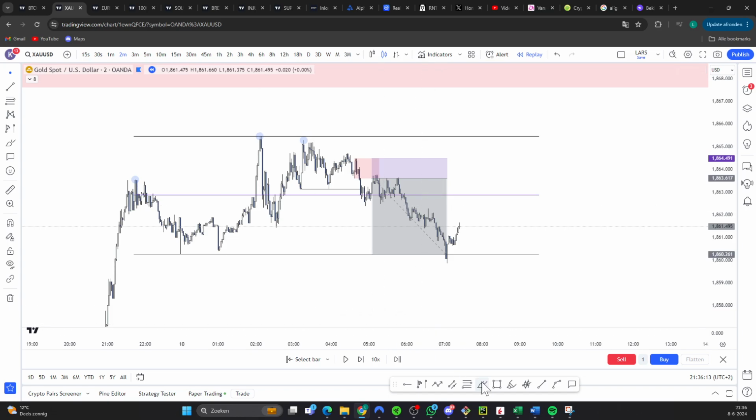The range was a bit different than I would like to have, but the entry model and the confirmation is there. So I also need to program my brain into, even if it doesn't look the best, if the entry model is there, I still have to take it.